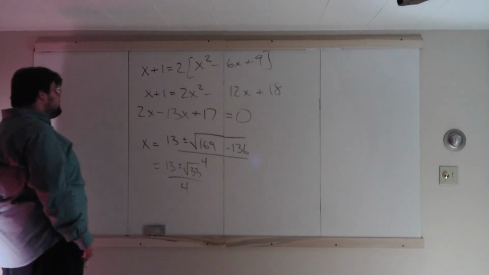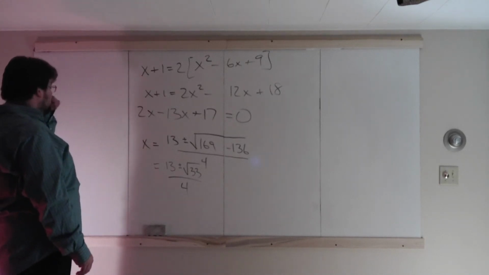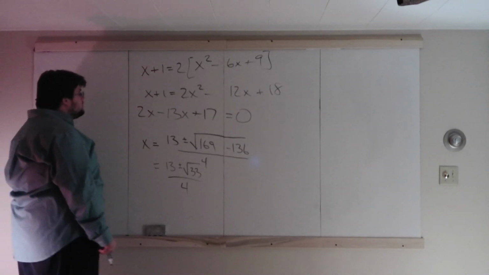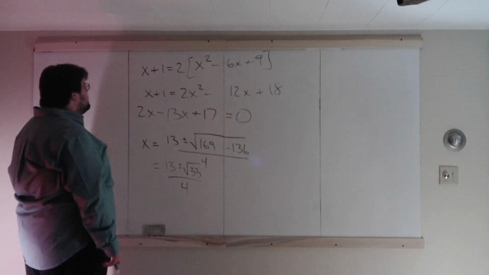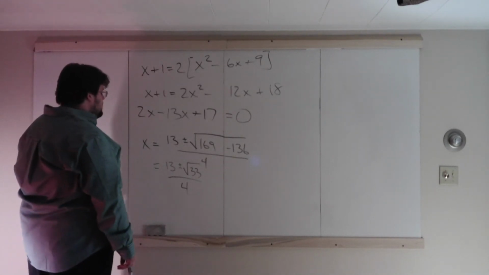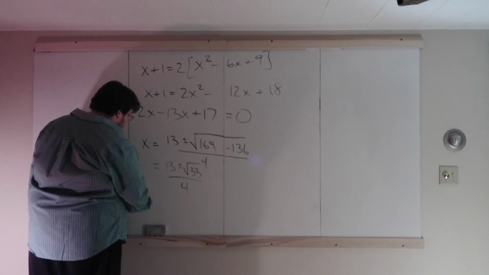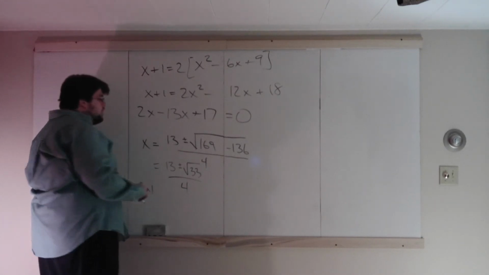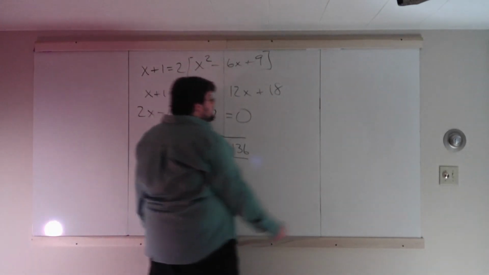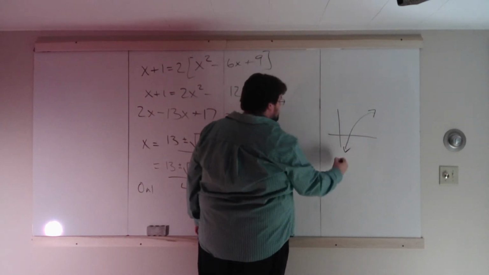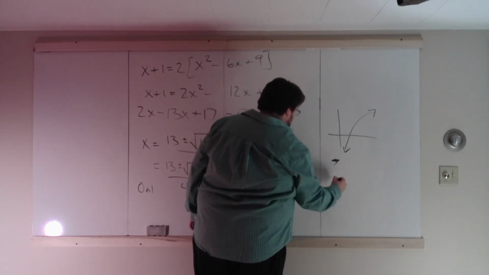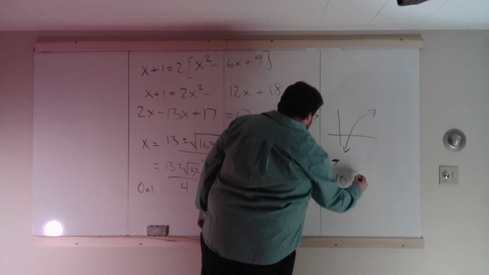So we have these numbers, but remember what the original function was. The original function had a log of x minus 3. So we're not going to be able to take the negative one, because the domain of a logarithm, remember, is 0 to infinity.